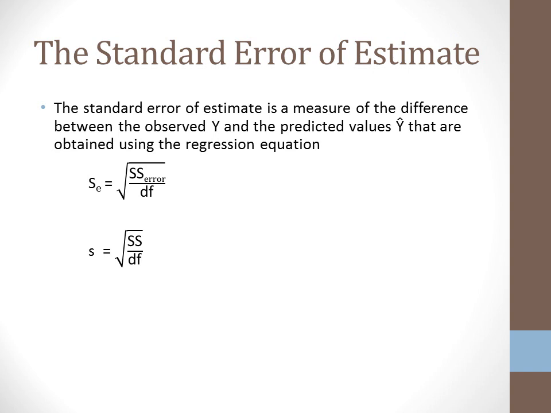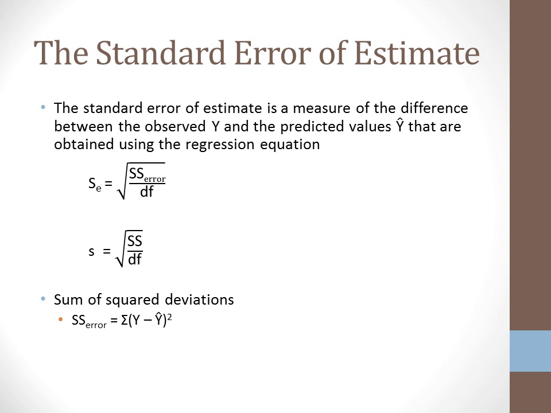To calculate the standard error of estimate, we need to first find the sum of squared deviations. This sum of squared deviations is often called the sum of squares error because it measures the sum of squared error distance, or errors, between the actual data and the predicted values.